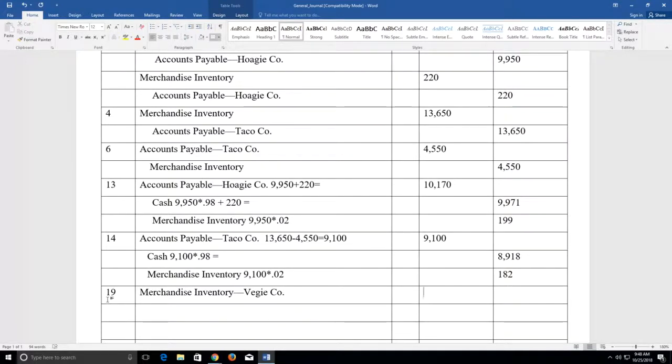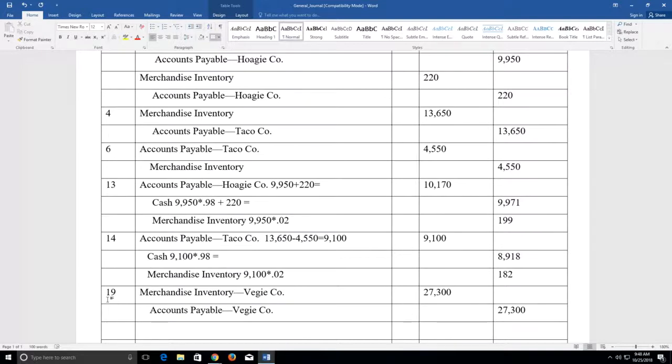We bought $27,300 worth. It says that we paid freight of $400.